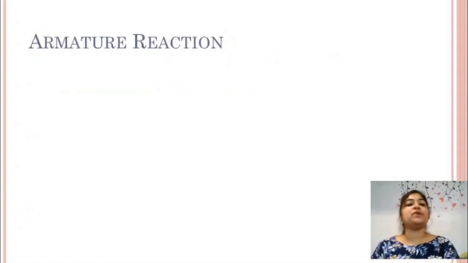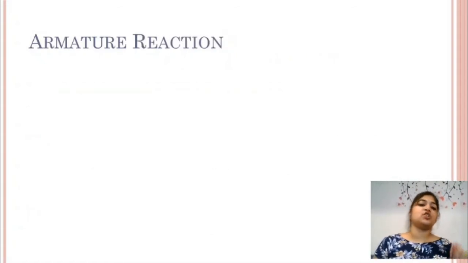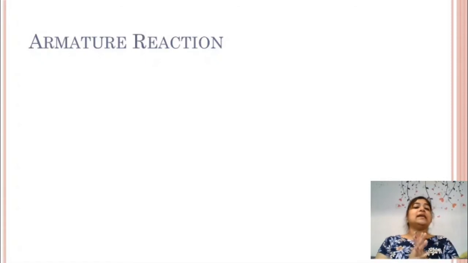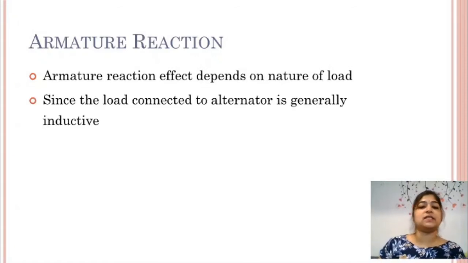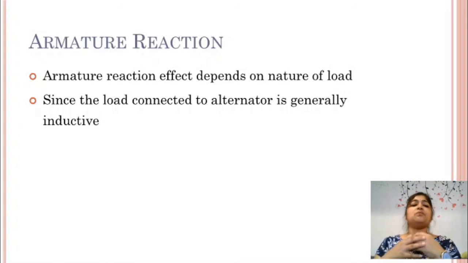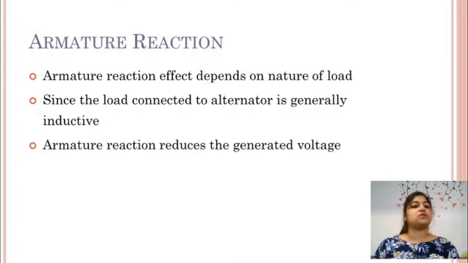Then the third parameter is armature reaction. I've explained armature reaction in detail in my last video. So if you have missed that video, the link is in the description box. You can refer to armature reaction in detail. Armature reaction is nothing but the effect of armature flux on the main flux, and it completely depends upon the nature of load, as we have seen. Mostly the load connected is inductive. Armature reaction reduces the generated voltage.